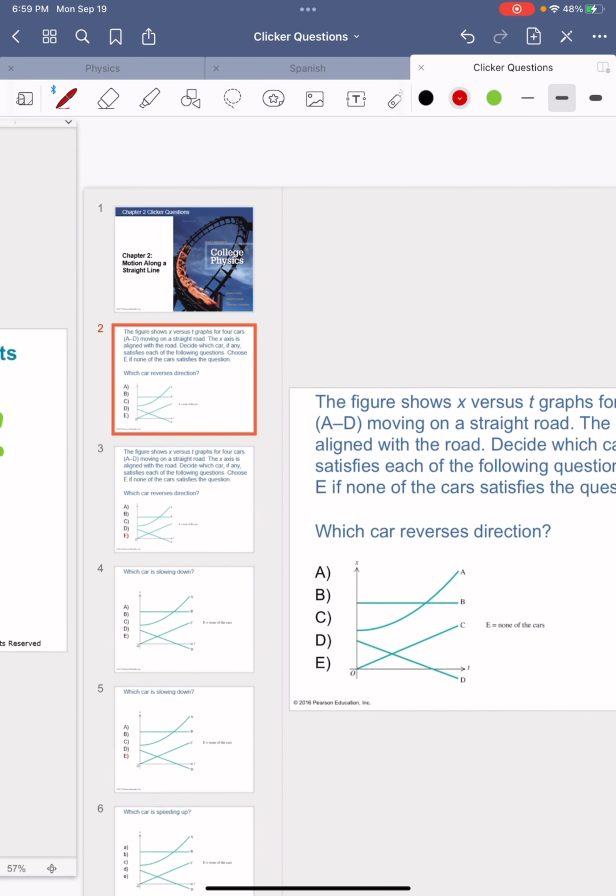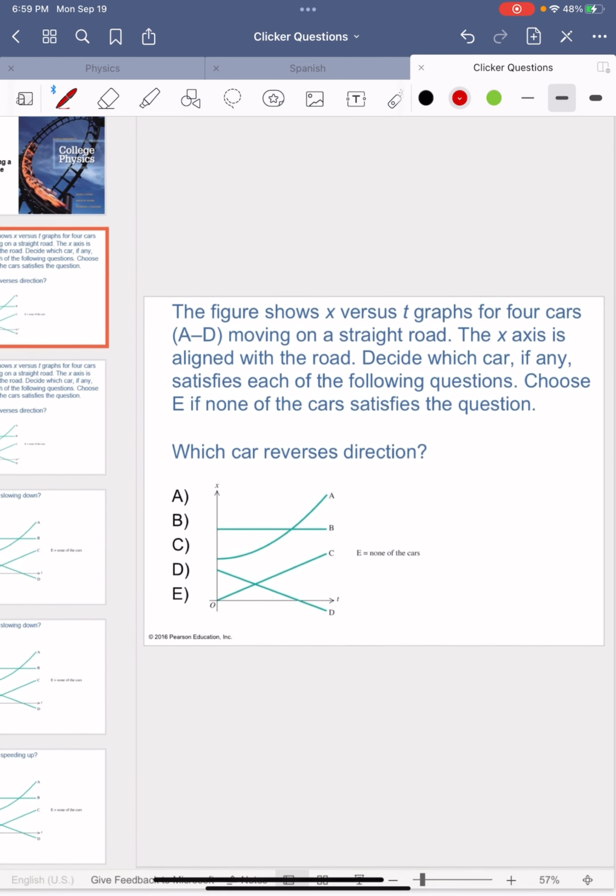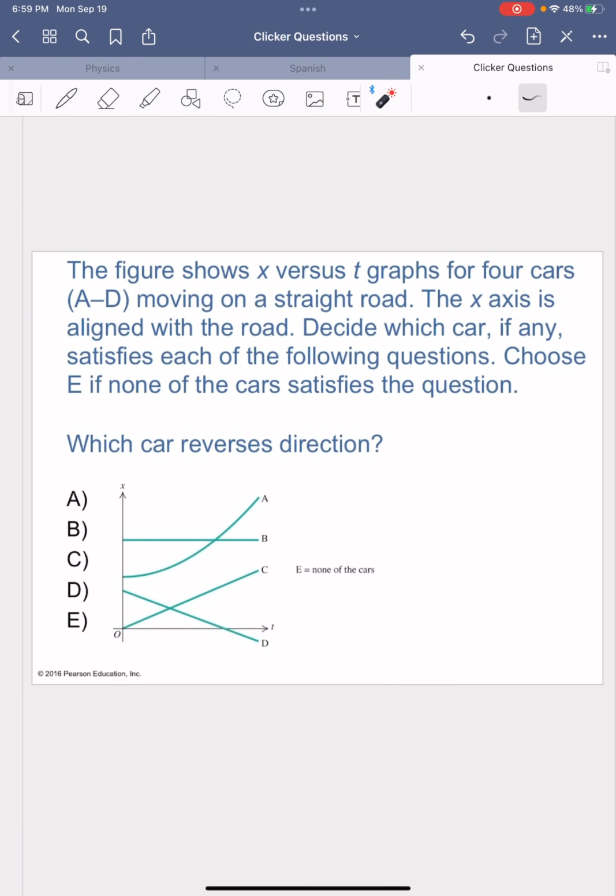Now we are moving to chapter 2. The question is: the figure shows x versus t graphs for 4 cars, A through D, moving on a straight road. The x-axis is aligned with the road. Decide which car, if any, satisfies each of the following questions. Choose E if none of the cars satisfies the equation.